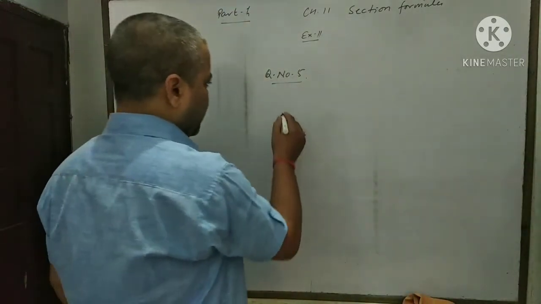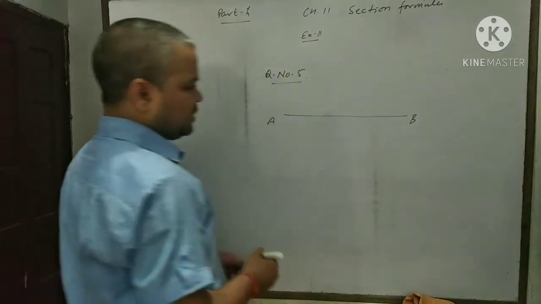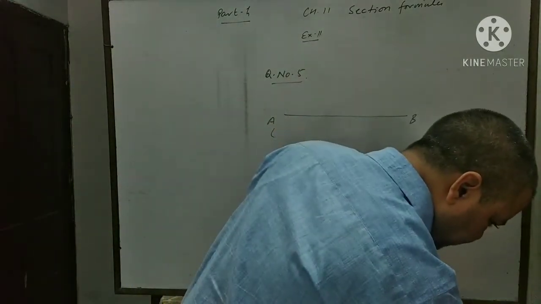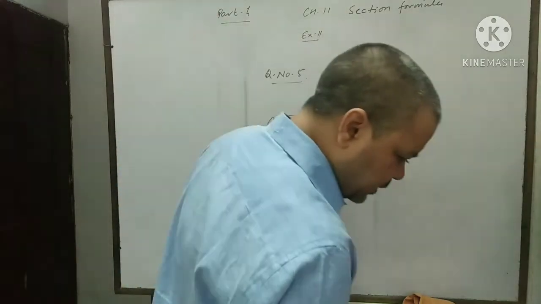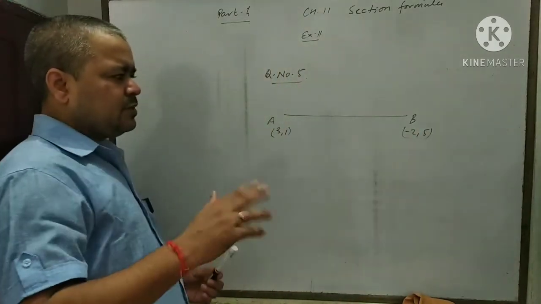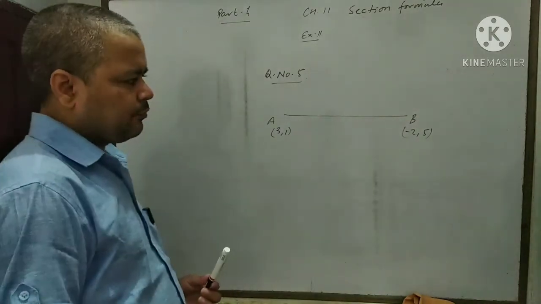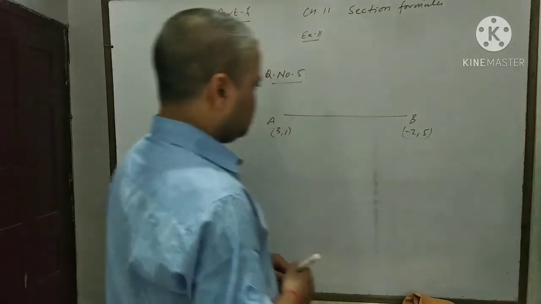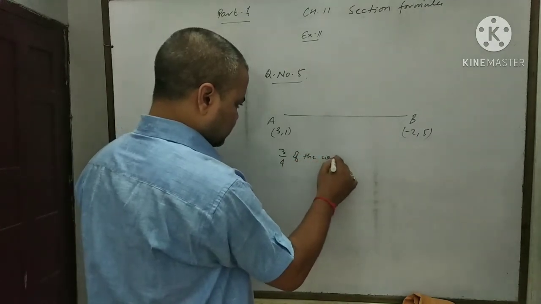What is the question? Let this be A and this be B. Line segment AB, whose coordinate A is (3, 1), and coordinate B is (-2, 5), and we have to find the point which divides line segment AB in 3/4 of the way.